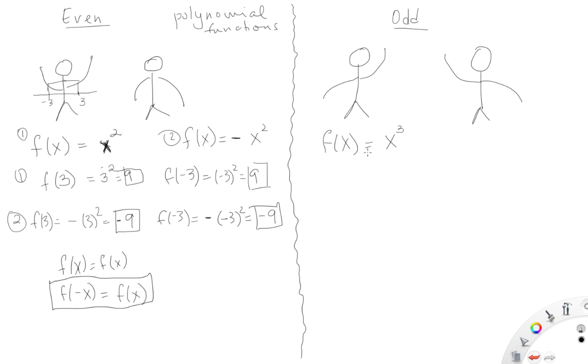What's going on with the odd functions? Well, let's give some examples. Example number 1 is over here. So if I plug in 3 over here, I get 3 to the third power, which is 27. But if I put a negative 3, now negative 3 to the third power, I have 3 minuses.